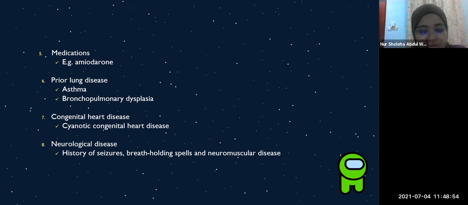And then we also need to ask about the past medical history, such as prior lung disease, for example asthma or bronchopulmonary dysplasia. And then we also need to know whether the patient has already been diagnosed with congenital heart disease before, especially cyanotic congenital heart disease. And then we also need to know whether the patient has any neurological disease, for example history of seizure, breath holding spell, and also neuromuscular disease.